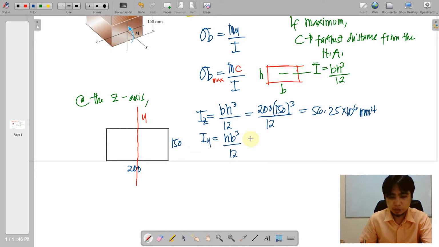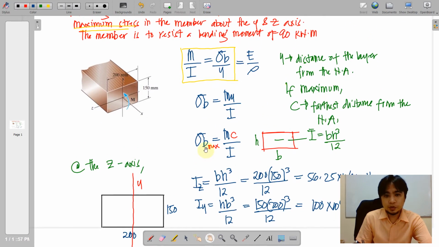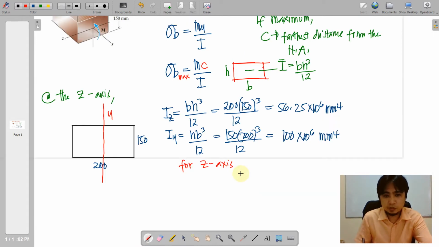From this we can now employ the formula for maximum bending stress, wherein the bending moment is 90 kilonewton meter. When using this formula, we must be consistent. Remember that your moment is in terms of 90 kilonewton meter. So we apply it for the z-axis first.